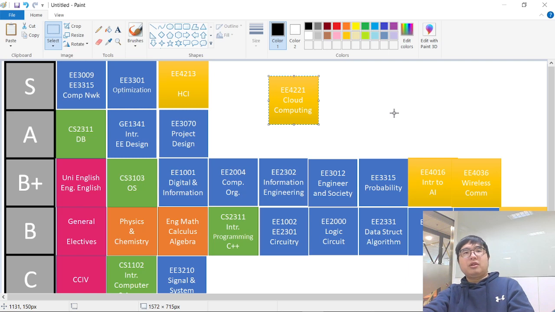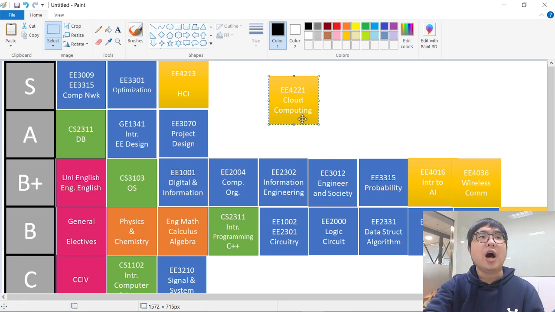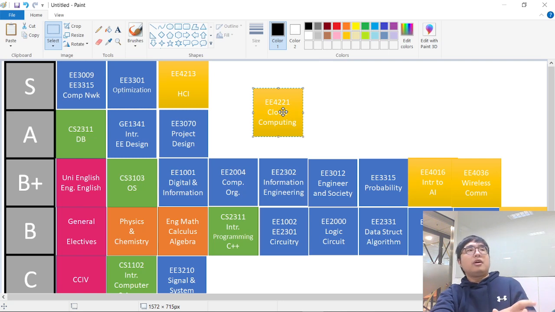For me, someone that is interested in networking and systems stuff, this is definitely going to be a top tier course. And the medium they use is AWS. I'm not sure if AWS sponsored this, but they kind of use AWS as the teaching materials.